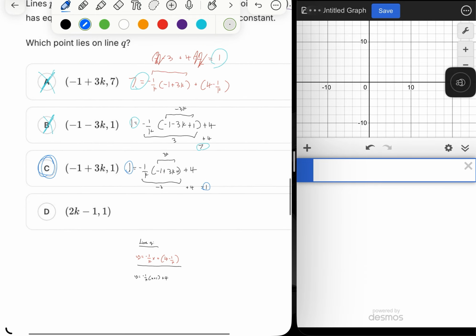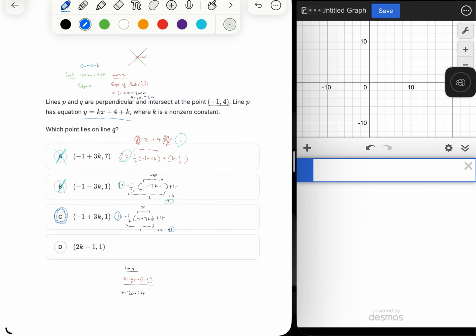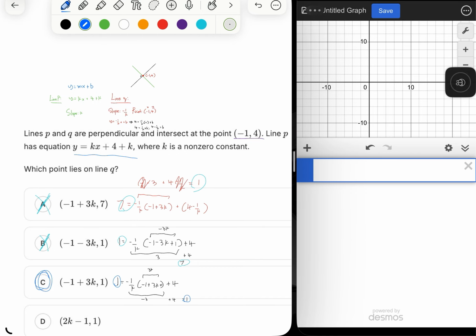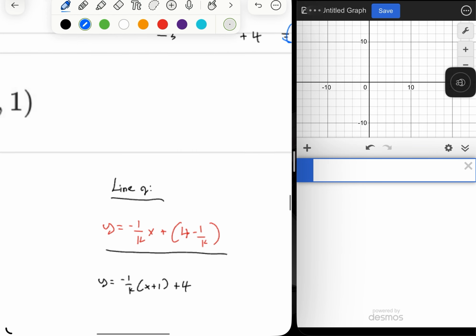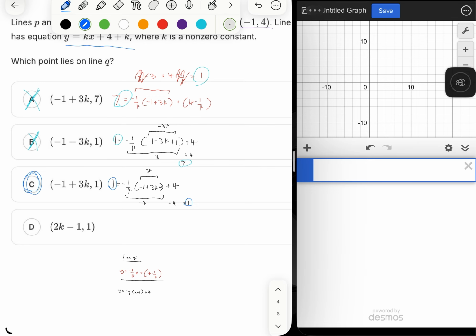So just to recap, your first step is to find the equation of the line based off what you know. So here you know the point and you know that there's a perpendicular relationship between the two lines. Once you find that equation of the line, which we did, we found the equation of line Q, if you're trying to determine if a point lies on the line, we'll just substitute each point in and see if the equation holds true.